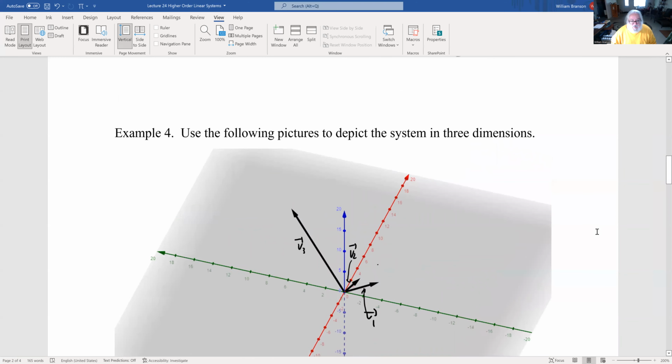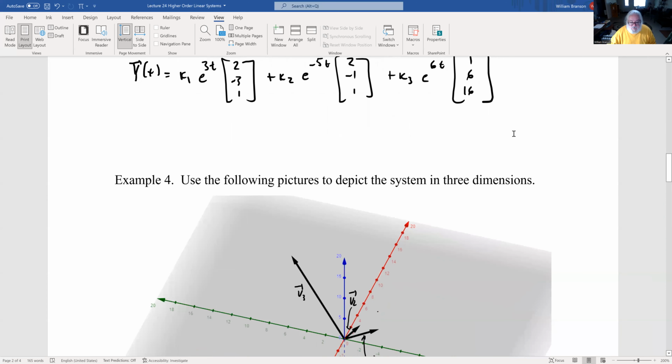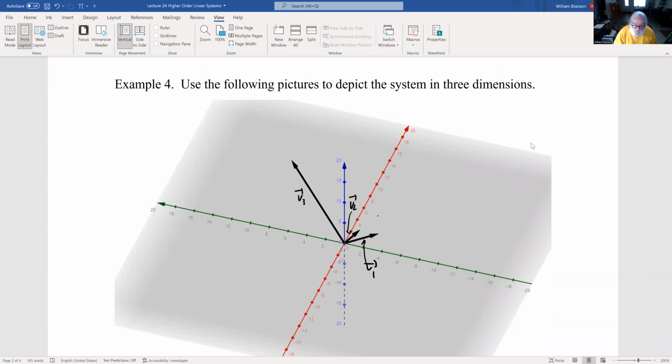So what do we know about this? Well, we know that v1 has got a positive eigenvalue. v3 also has a positive eigenvalue. So we have an eigensolution that goes out in that direction. 0 is an equilibrium.